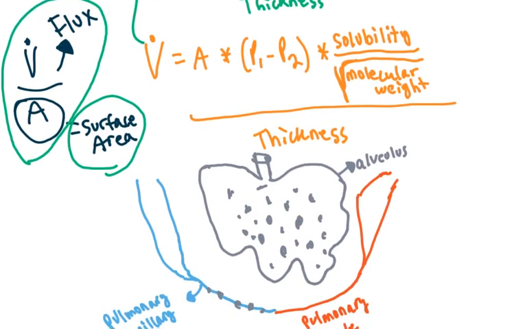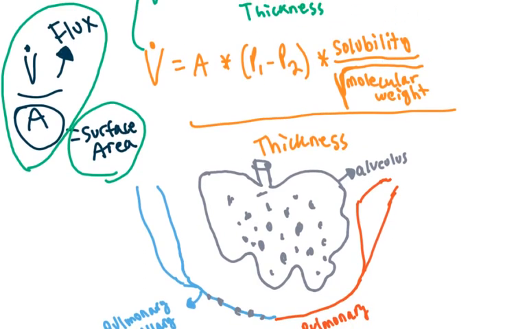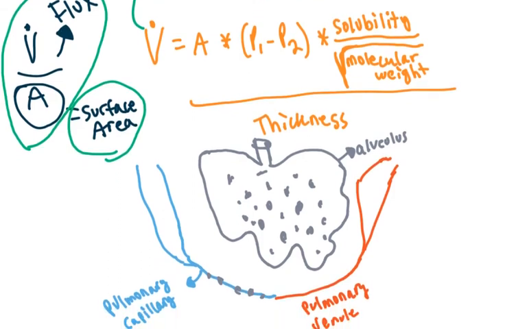And the same thing plays with solubility. If you increase the solubility of those molecules, we're going to increase the rate at which the oxygen molecules, in this case, will flow down into the pulmonary blood vessels. And then again, the molecular weight.